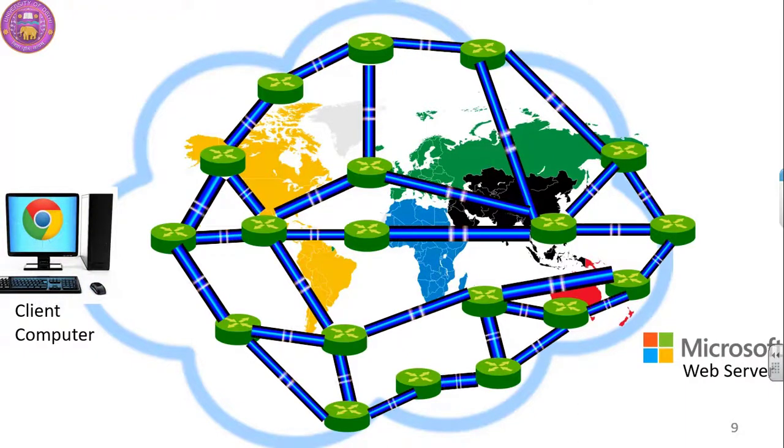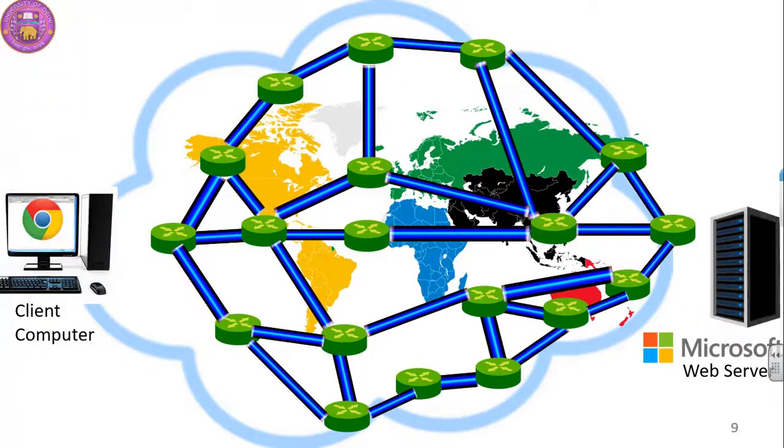On the client machine, there is Google Chrome, which is a web browser. On the web browser, we write the name of the site through which we want to retrieve information. Suppose we want to retrieve information from the Microsoft Web Server.